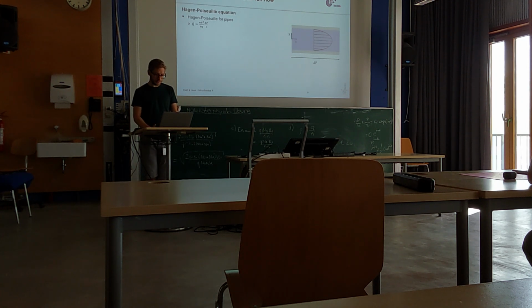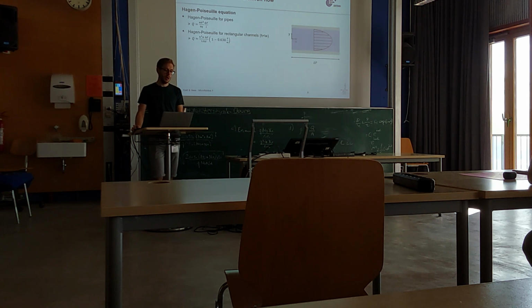And for rectangular channels, it looks a little bit different. This is what I just told you. So usually when you manufacture any kind of chip, it's way easier to realize rectangular channels, and then the Hagen-Poiseuille equation looks like this.